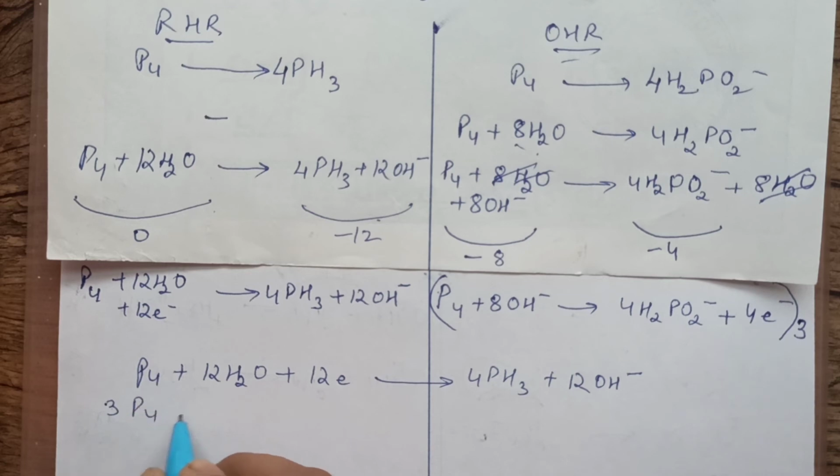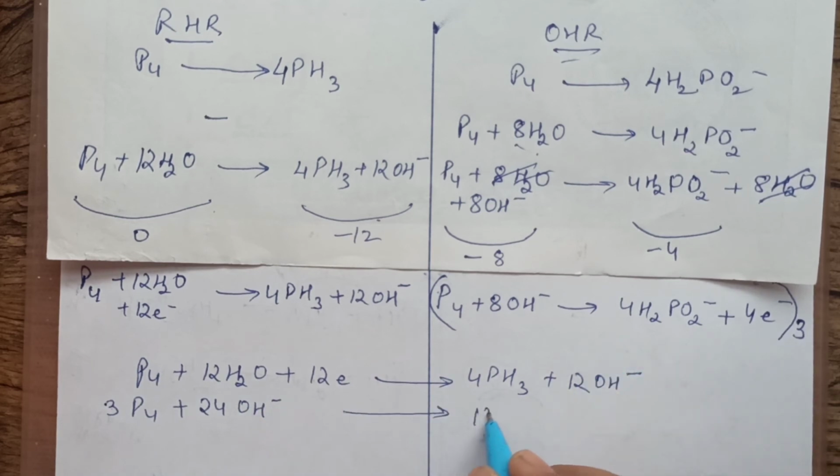So 3P4 plus 3 into 8, 24 OH minus forms. Then you will have this is 12 H2PO2 minus plus 12 electrons.